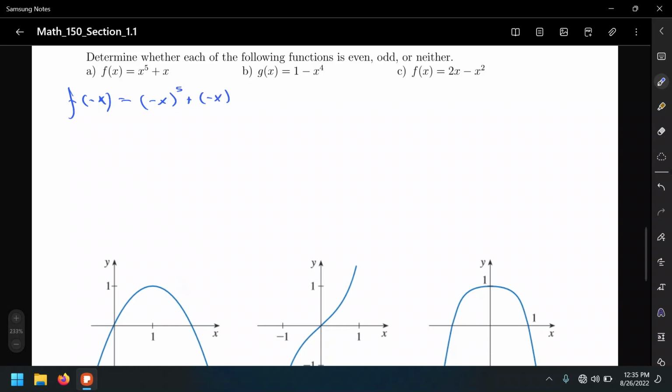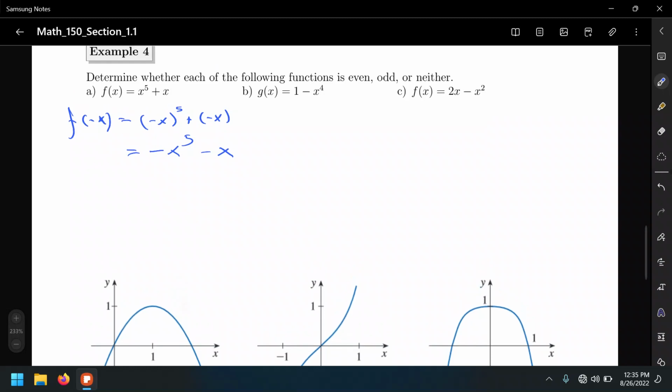Now, what do we get when we raise -x to the 5th power? Negative, because it's an odd power. Negative quantities raised to odd powers remain negative. So this is equal to -x to the 5th plus -x, which is -x.